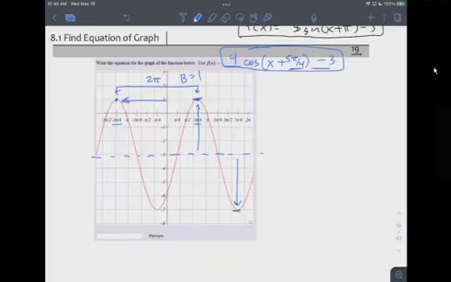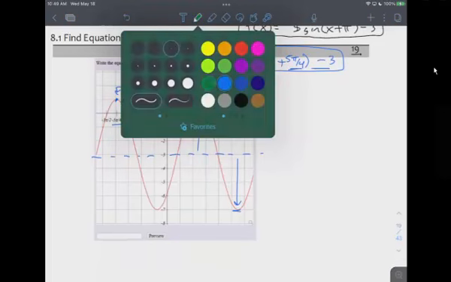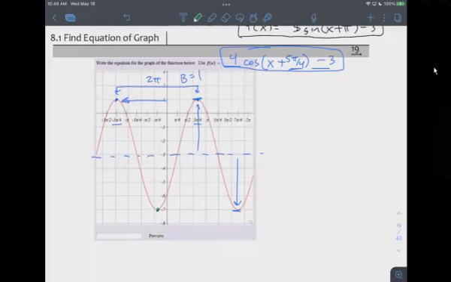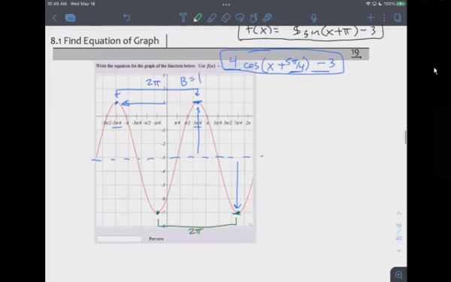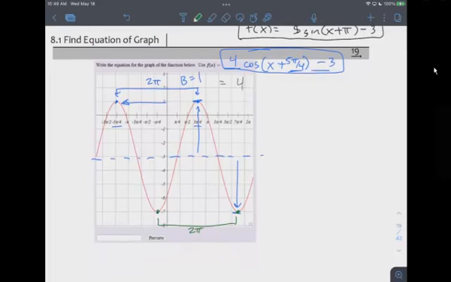Now, I could have done this as a cosine and using this point and this point, right? This is also 2 pi. If I used that, my equation would still be an amplitude of 4, would still be a cosine, would still be a b value of 1, would be x minus. My phase shift is going to change, and my midline is still a negative 3.